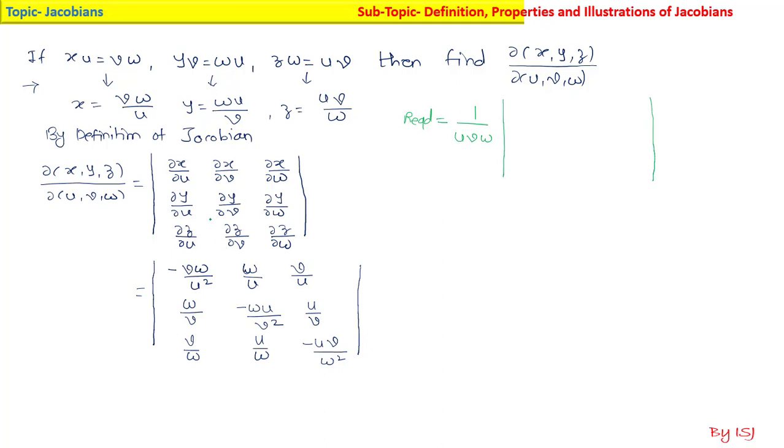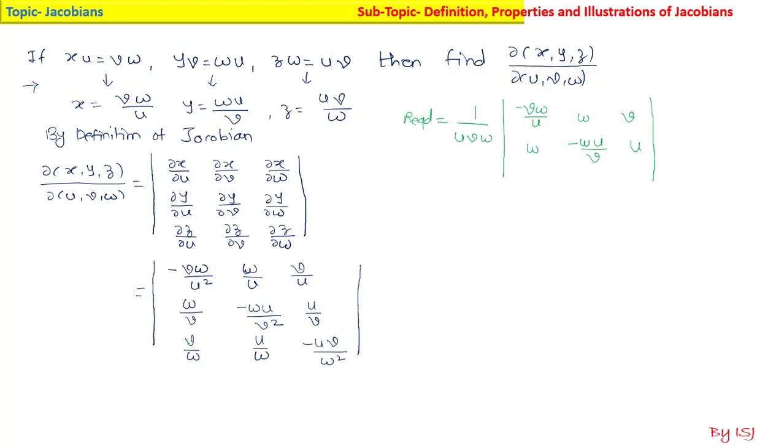From the first row we have taken 1 upon u outside. So what remains here? Minus vw upon u, then w and v only. From the second row we have taken 1 upon v outside. So it is w, minus wu upon v, and last is u.